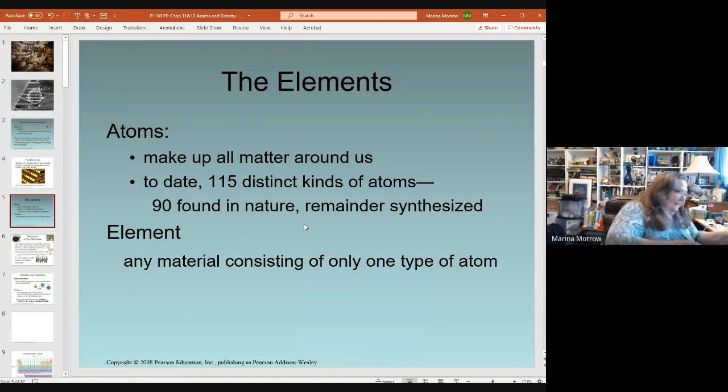So let's see if this has the updated number here. Yep, 118. Okay, so yes, we've been improving on nature by creating atoms in the lab. So now we have 118 atoms that we recognize, that we know their properties of.